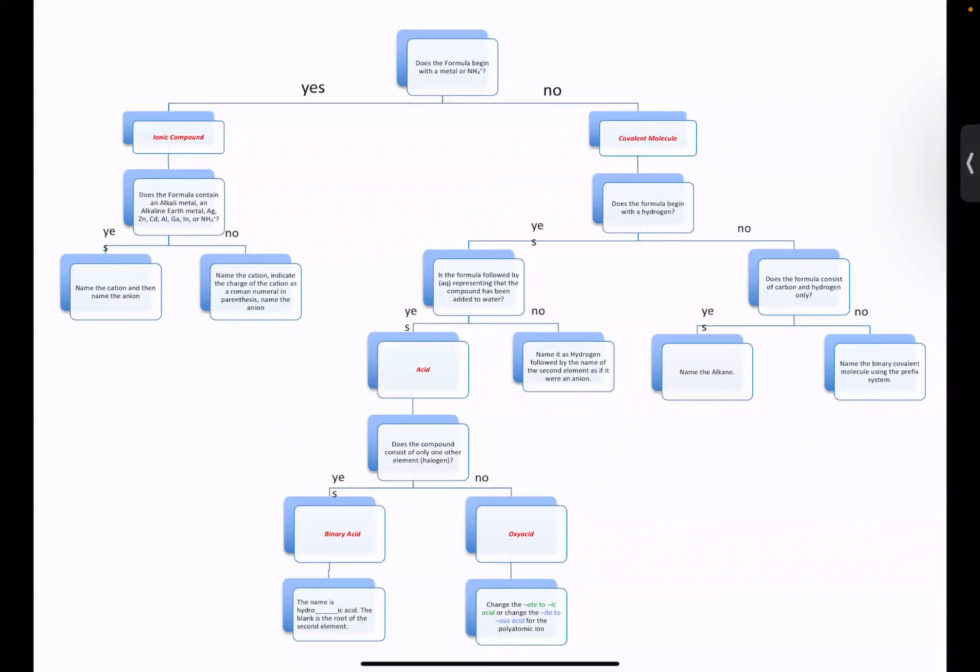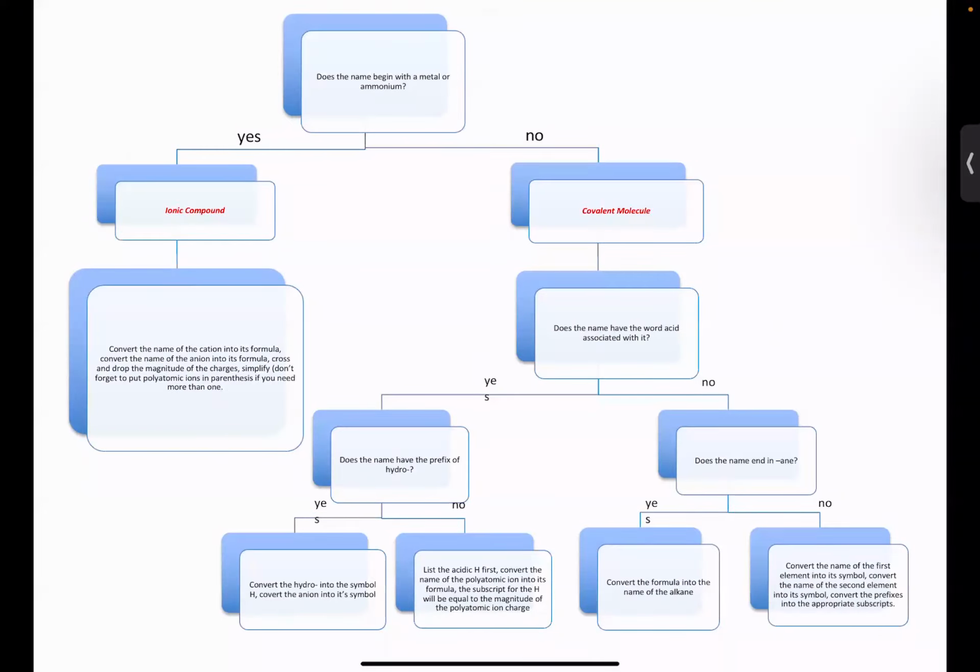So this flow chart is there, and in that same PowerPoint, you also have a flow chart that will help you go from the name directly to the formula. So these are questions that as you're learning to do all this naming and formulas, will come in handy.